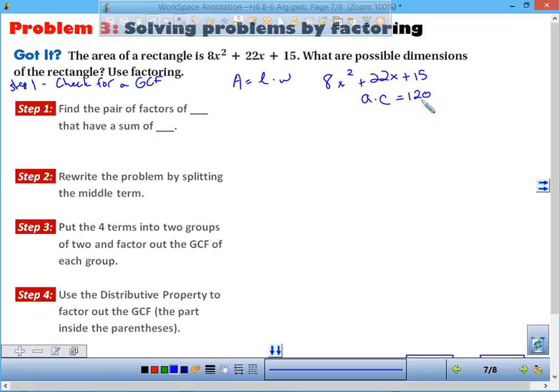So now we're finding factors of 120 that give us 22 when we add. We can do 1 and 120. That's not going to work. We can do 2 and 60.